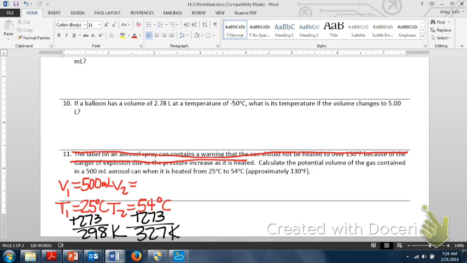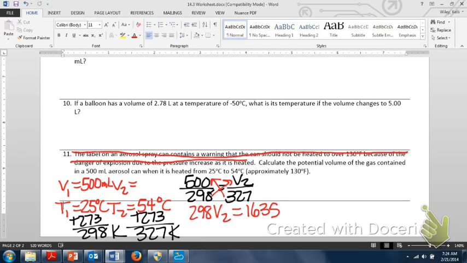So now you've got 500 over 298 equals V2 over 327. Now you're ready to cross multiply. So 298 V2 equals 500 times 327, which is 163,500, divided by 298.